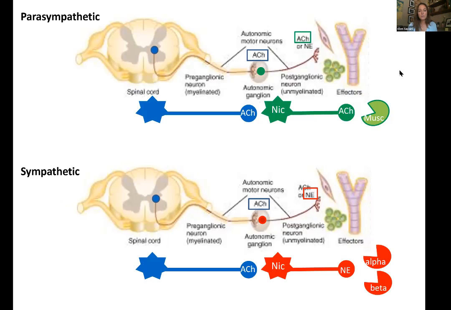This is the best summary slide that you can have. Not only did we have our number 1 and our number 2, and we knew that all the number 1s released acetylcholine, but now you have the receptor added to it. So it will be a nicotinic for both parasympathetic and sympathetic. So step 1 is going to be identical, nicotinic.